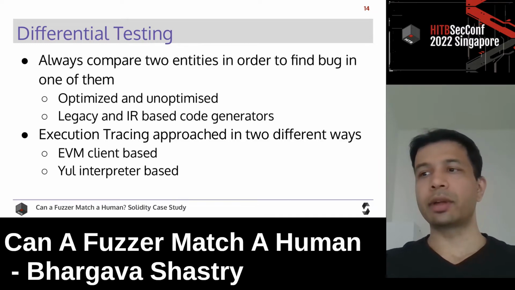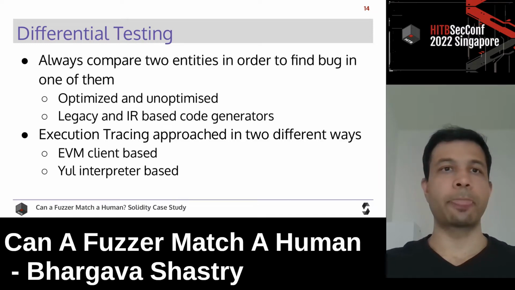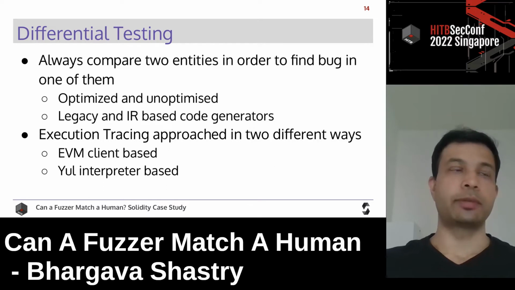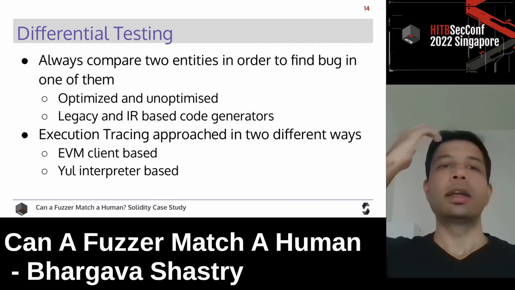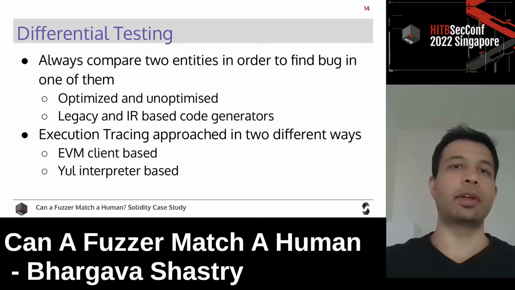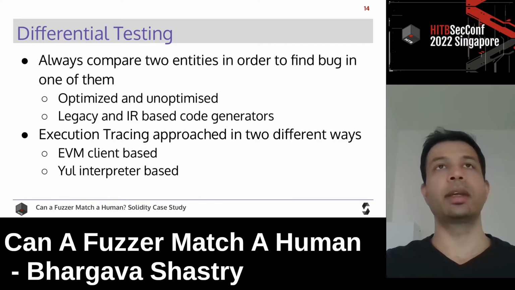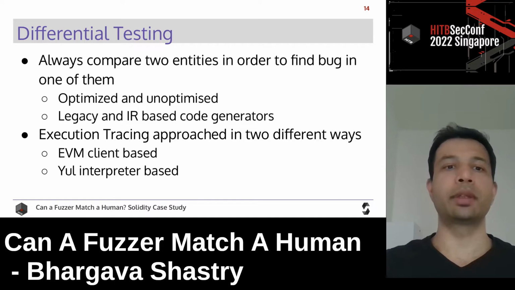Now, finding a bug requires a reference point, which we don't have. Remember that an incorrect code generation bug is only deemed to be incorrect if we know what is correct, but we don't have a reference for what is correct. To solve this problem, we employ differential testing. So what we do is we have two arms, so to speak, a baseline and an experiment.